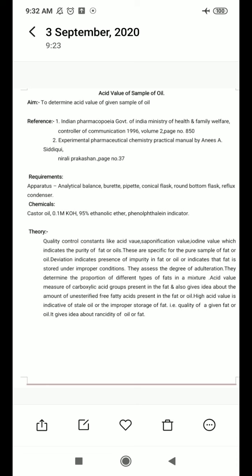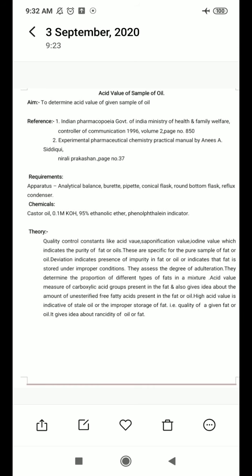You can refer to the recent edition of Indian Pharmacopoeia, because this pharmacopoeia is published every year, so you can get the recent data from the recent edition.